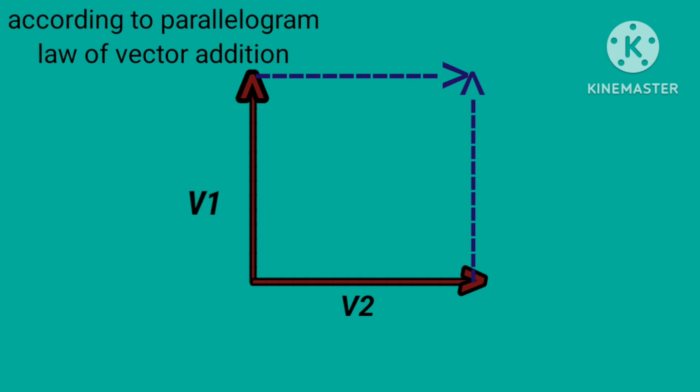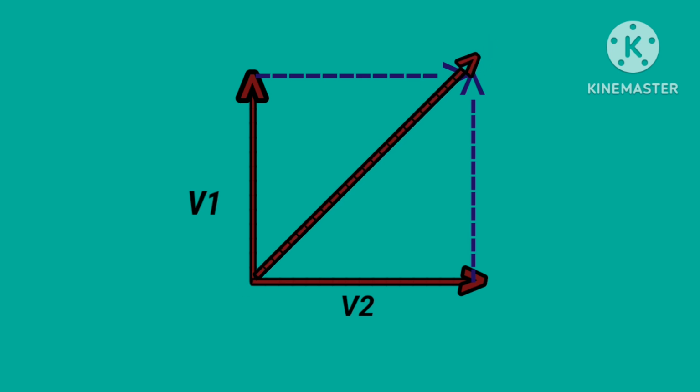Now, according to the parallelogram law of vector addition, this diagonal will represent the vector v3. We can also find the magnitude and the direction of the vector v3 by using the geometric properties of this rectangle. So, in this way, we can apply this law to find the vector sum of two vectors.